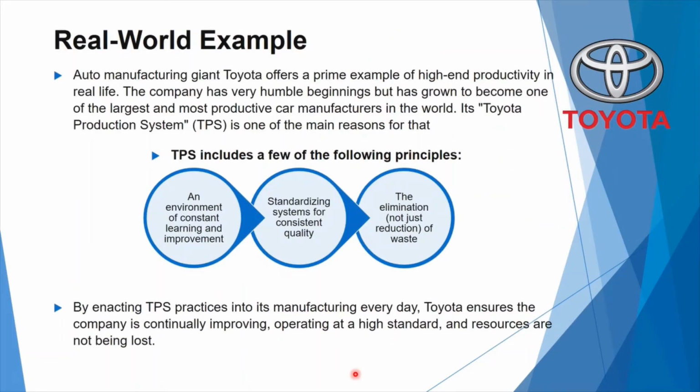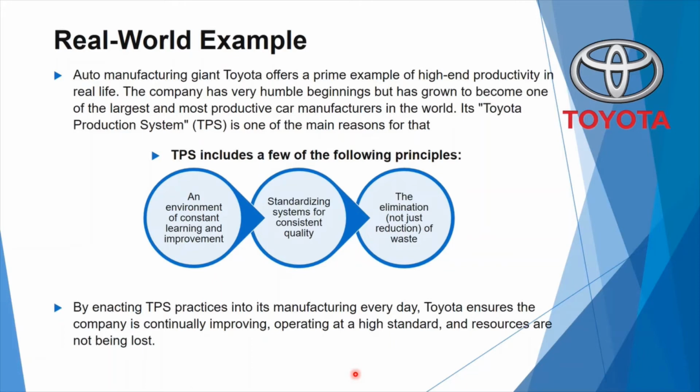Real world example. Let's see a real world example of productivity growth. As you know, Toyota is one of the best, most productive and largest auto manufacturing companies in the world.